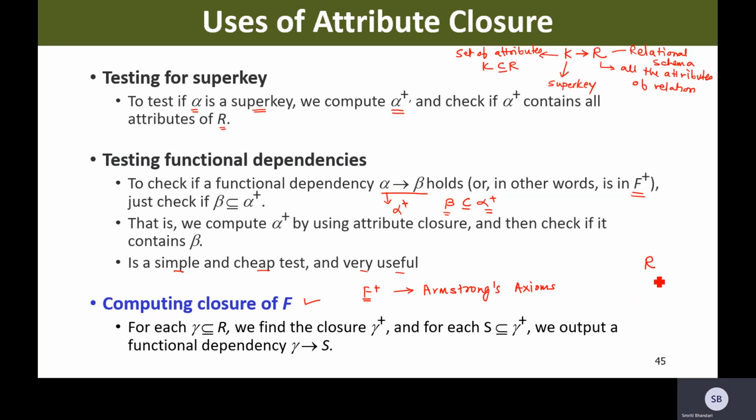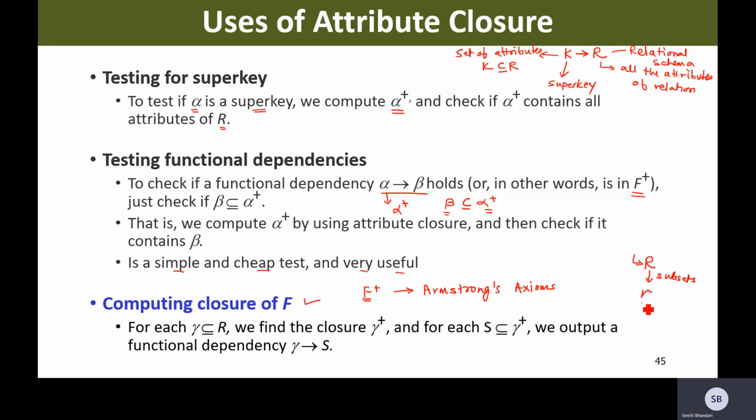Then we are going to find all the subsets of R, and these subsets are denoted here as gamma.